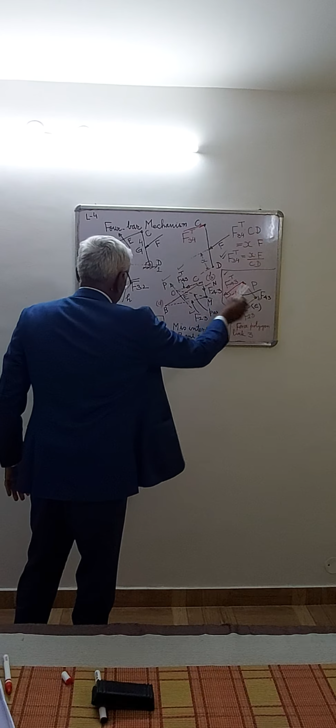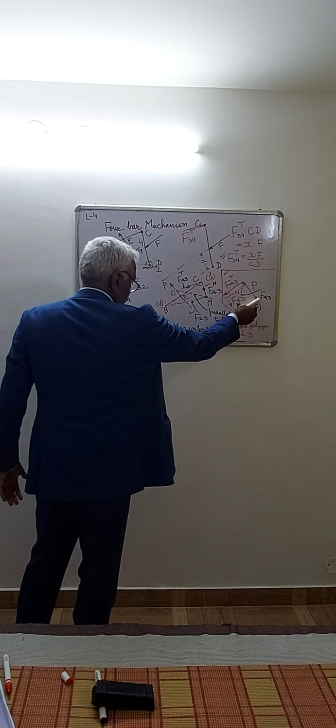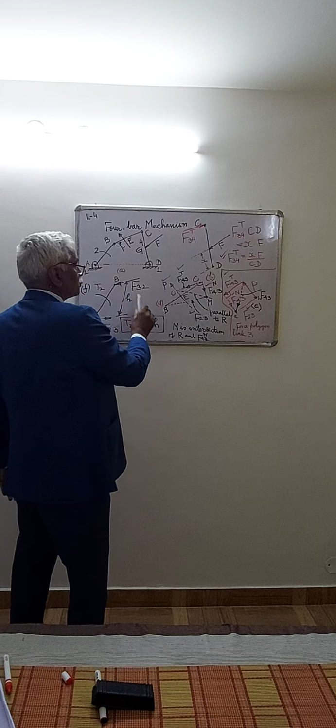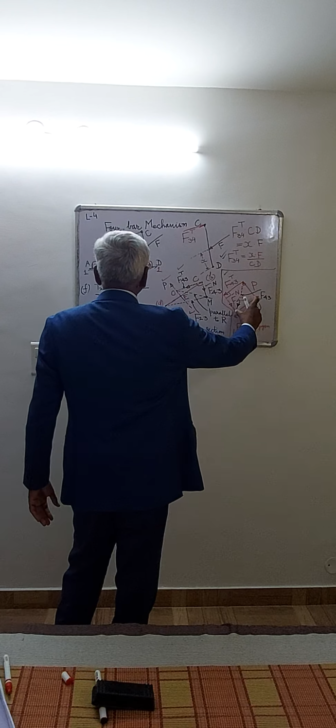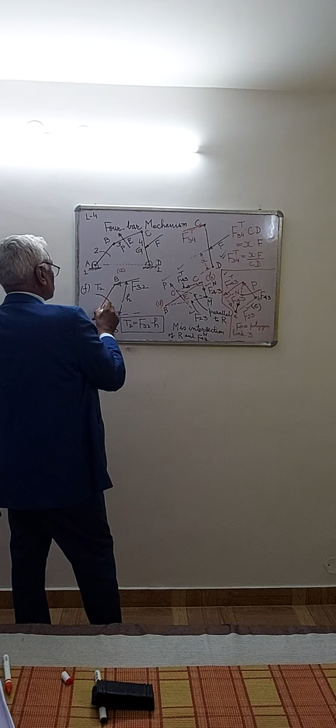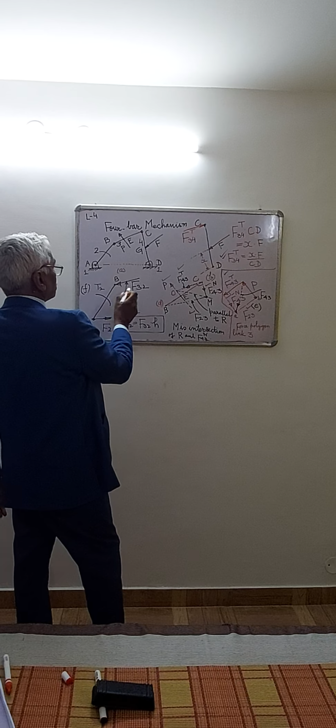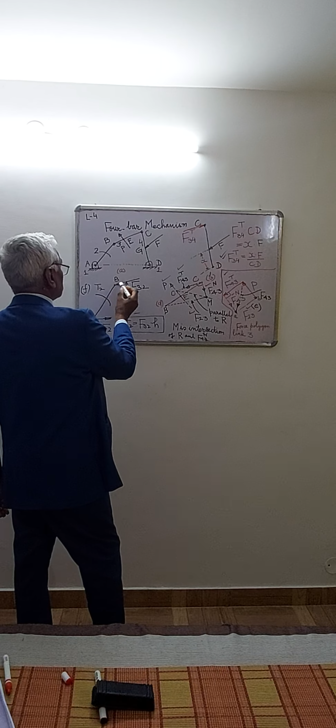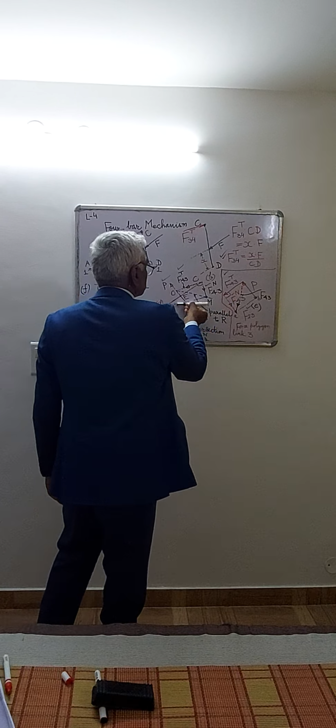That is F32. Magnitude of F23 can be taken from this figure by measurement with the help of scale. That is F32, the force acting on link number 2 from 3, or the force applied by link number 3 to 2, will be parallel to this.